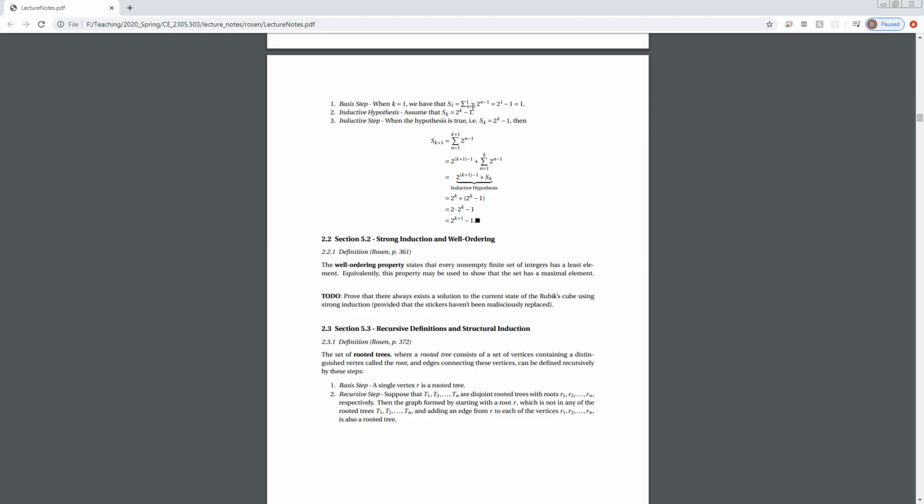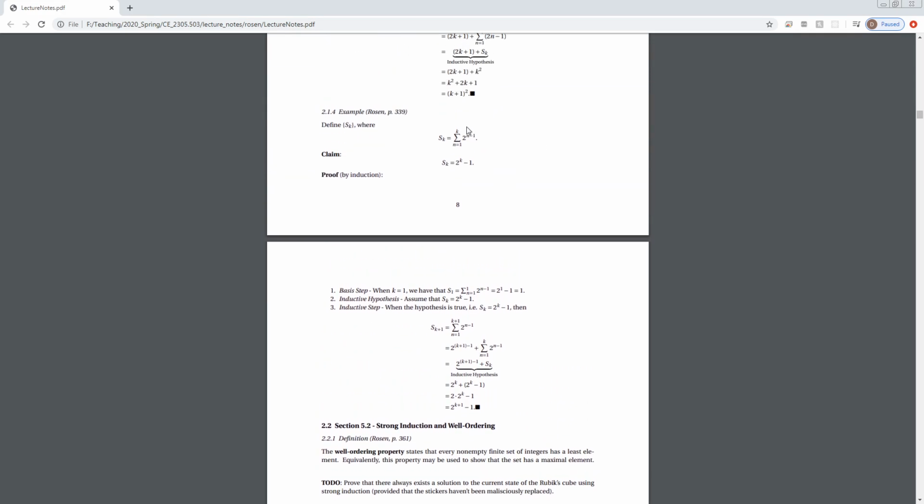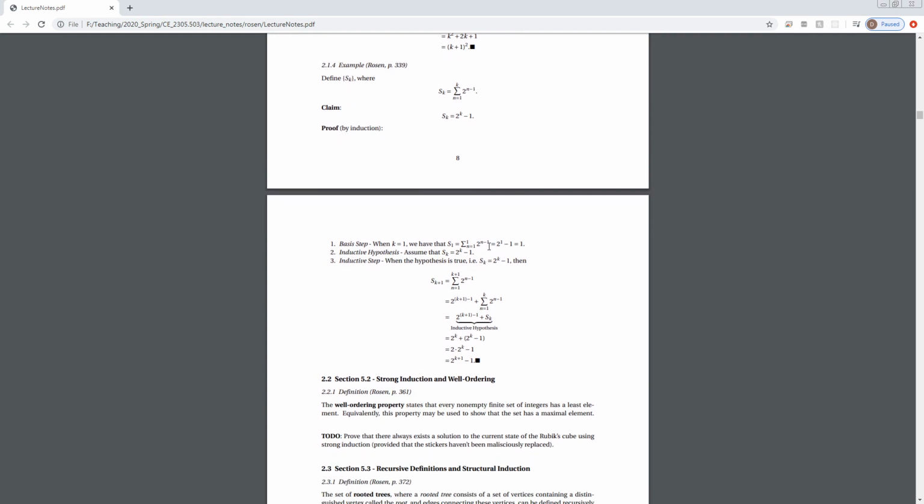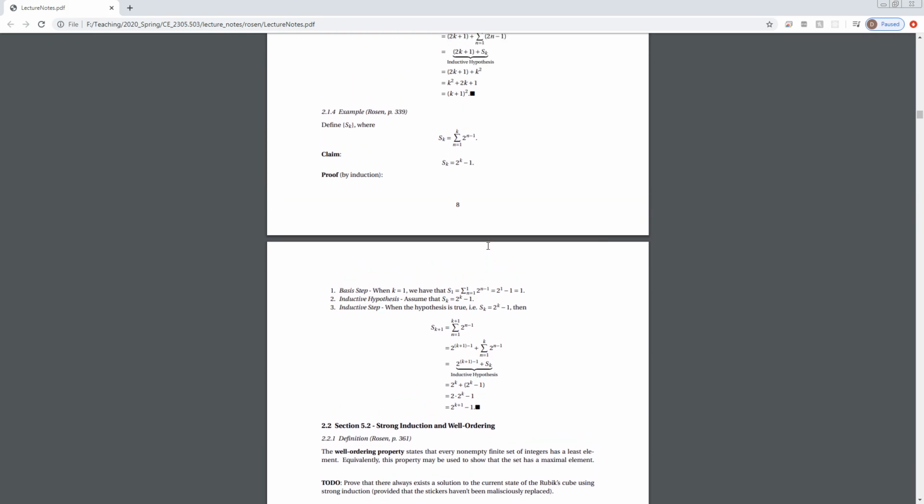So from n equals 1 up to 1, we have that our sum of those powers, which at this point would just be 2 to the n minus 1, so 2 to the 1 minus 1 is 1, and we show that is also equal to 1.